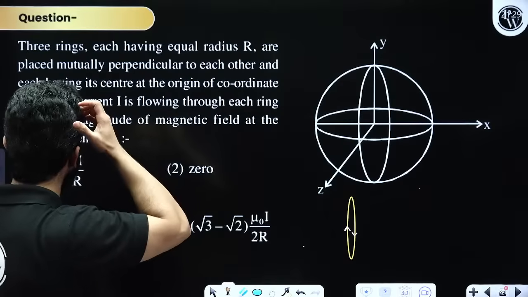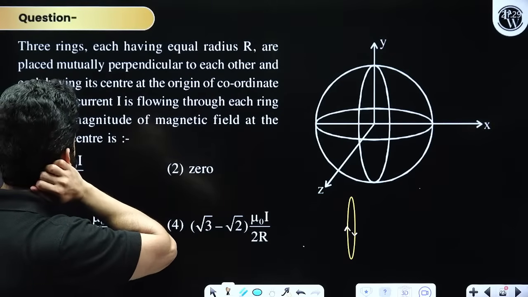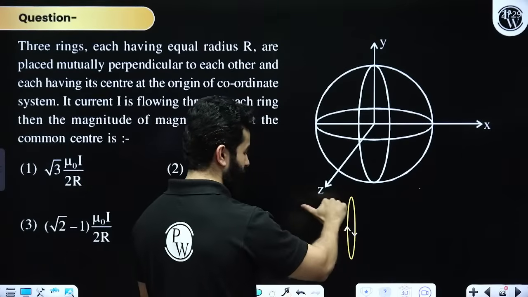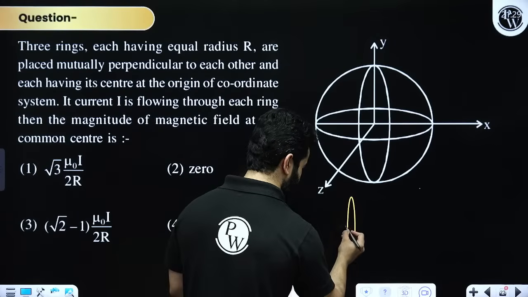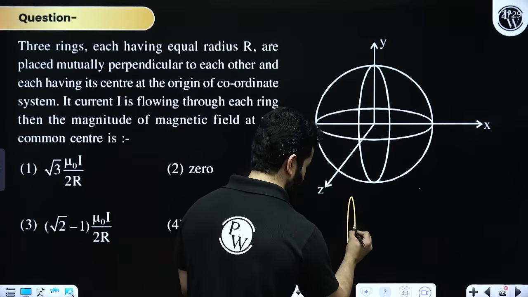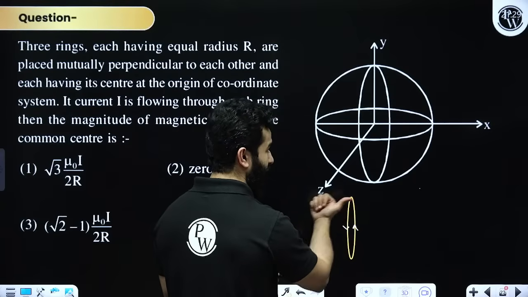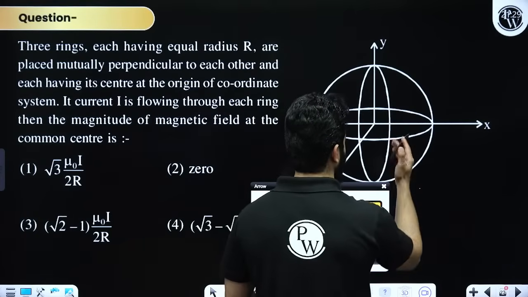If current I is flowing in each ring, we have to find out the magnetic field. If current is flowing in this direction, magnetic field will be in this way. If current is flowing in this direction, then magnetic field will be over here. So due to one ring, magnetic field is in this direction.